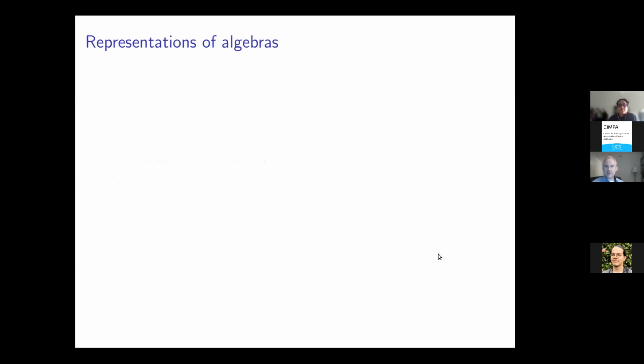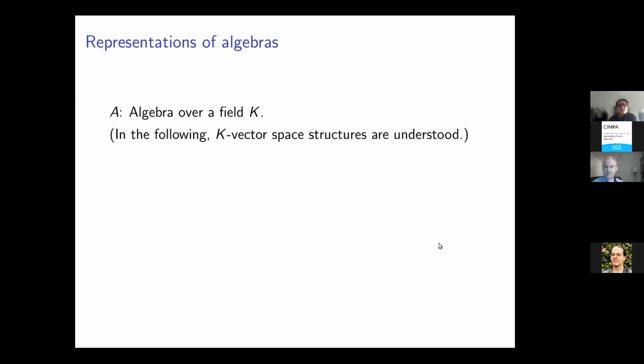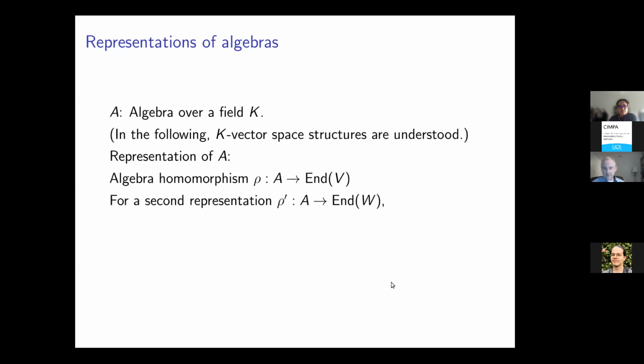Let's compare the situation with the representation of algebras. If A is an algebra over a field K, and in the following we will very often encounter vector spaces, they will always be defined over this once and forever chosen base field K. Then a representation of A is nothing but an algebra homomorphism, this time to the endomorphism algebra of a vector space V. Now let's suppose that we follow the same recipe that we have just seen for a group.